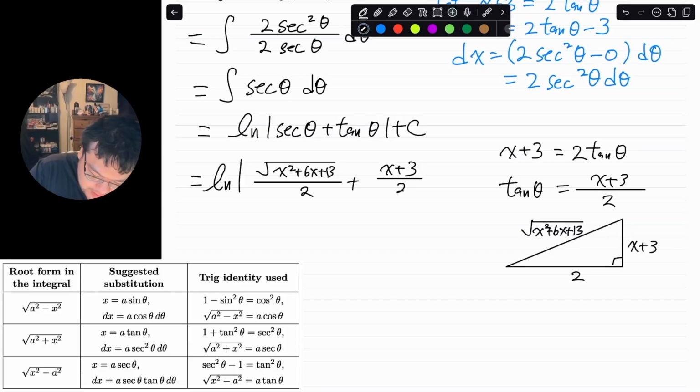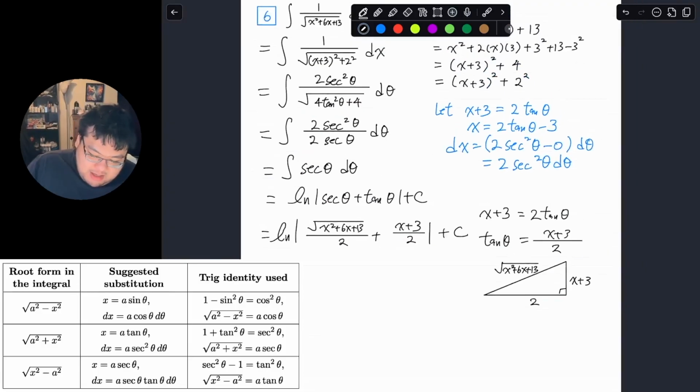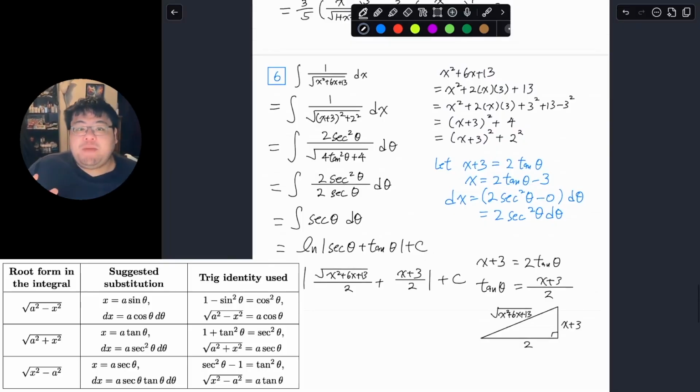That is just tangent theta. Okay, plus c. So you see, the form is slightly different from what we get in the table below, but with a slight adjustment by shifting x to x plus 3, we actually can still do the usual trigonometric substitution.